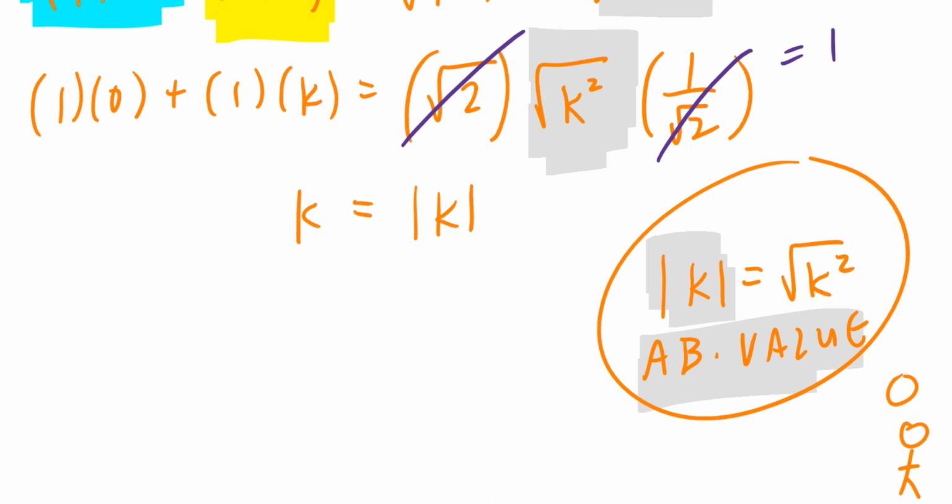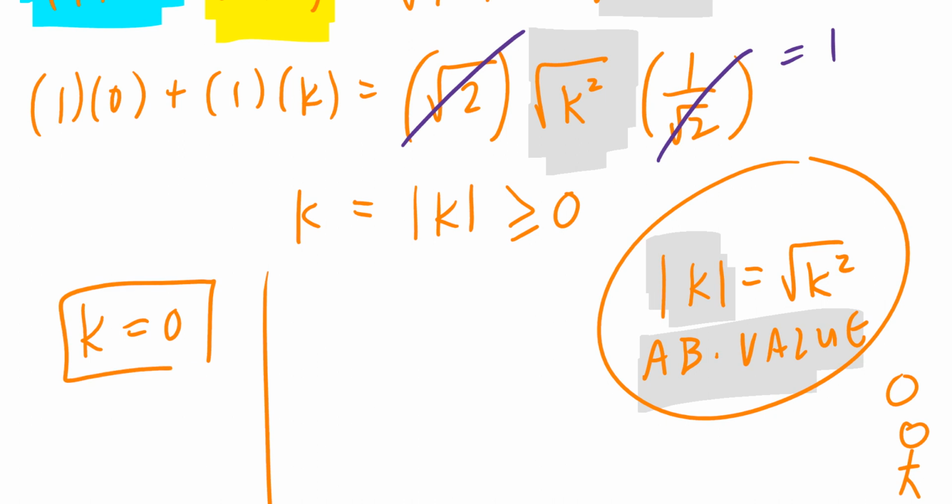A couple of cases you want to think about. If I draw a line in the middle and divide this into two columns, first of all, recognize that the absolute value of anything could be positive, or in this case, it could be 0. So one solution is k could be 0.